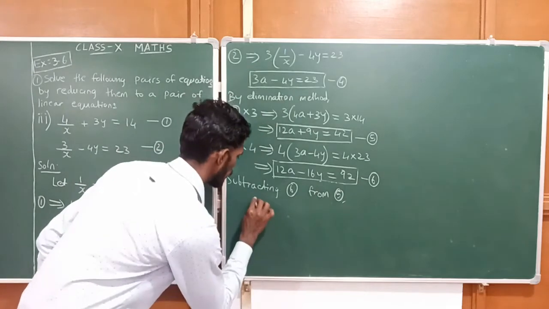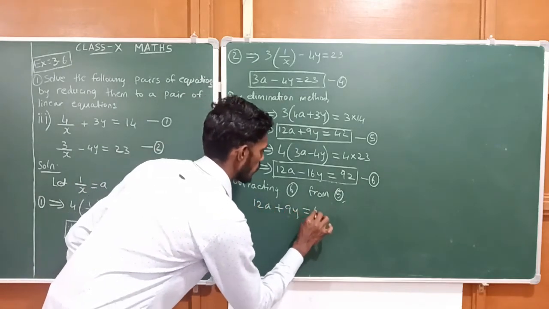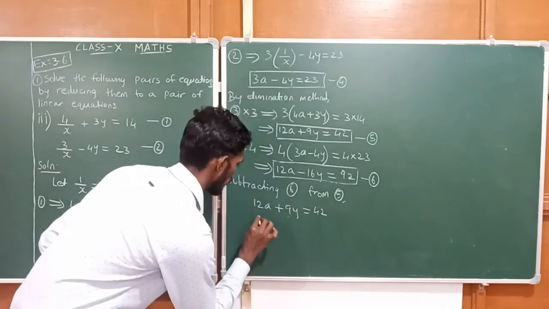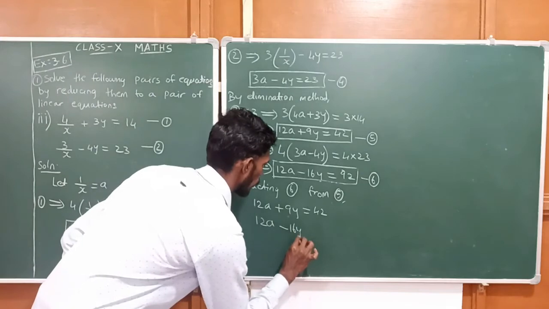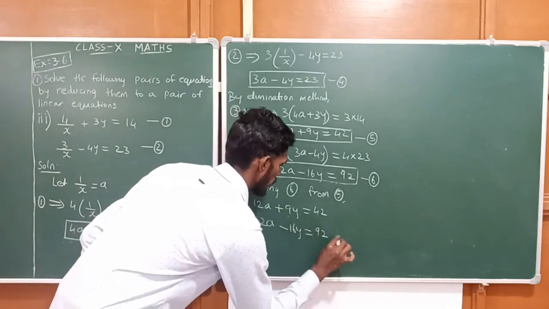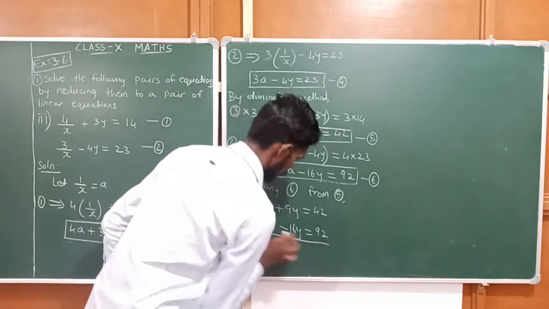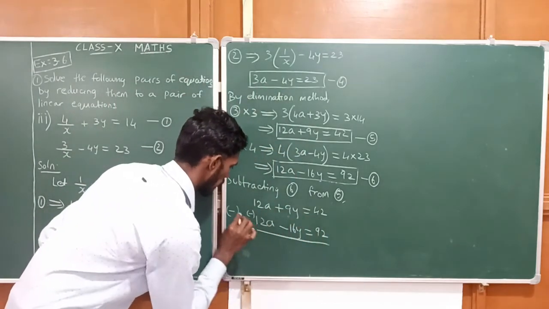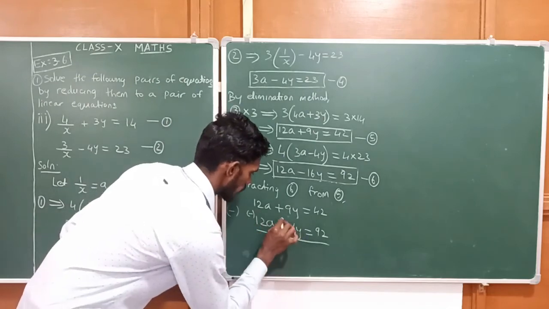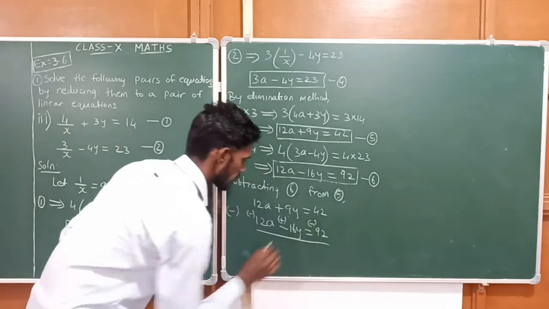So first write the fifth equation, 12a plus 9y is equal to 42. Then write the sixth equation, 12a minus 16y is equal to 92. On subtracting these two equations, the signs of the second equation will be altered. So plus 12a turns to minus 12a, then minus 16y turns to plus 16y, plus 92 turns to minus 92.